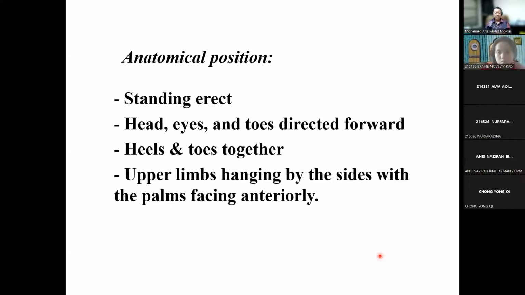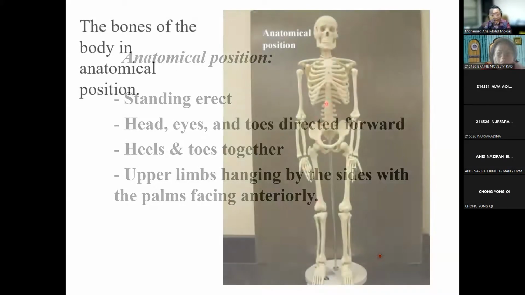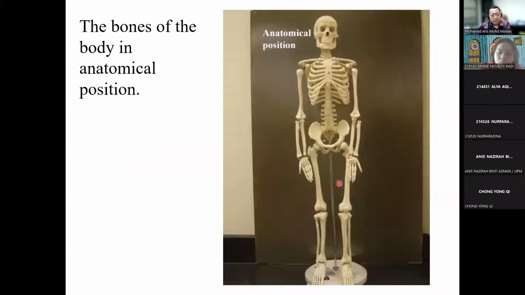And then upper limbs hanging by the side with the palms facing anteriorly. The bones of the body in anatomical position are facing forward, upper limbs hanging by the side, standing erect, palms facing anteriorly, heels and toes together, right? So these are the definitions of anatomical position.